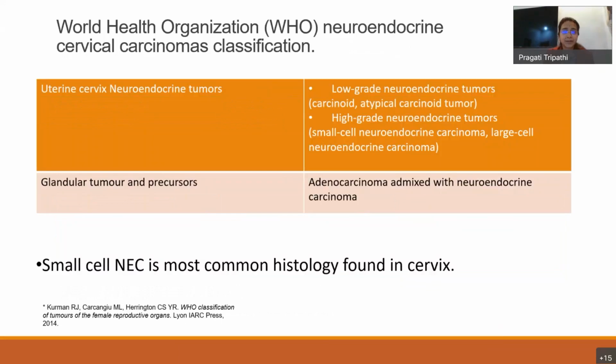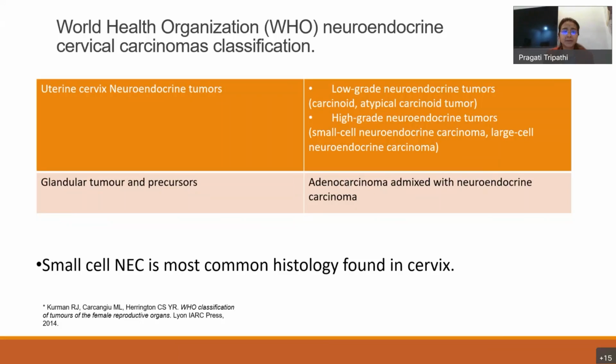In 2014, WHO gave a classification on neuroendocrine cervical carcinomas, and they divided them into low-grade neuroendocrine tumors and high-grade neuroendocrine tumors. Low-grade comprises carcinoid and atypical carcinoid, and high-grade is small cell carcinoma and large cell carcinoma. They also had one type of glandular tumors and precursor, where the histology was adenocarcinoma mixed with neuroendocrine carcinoma.